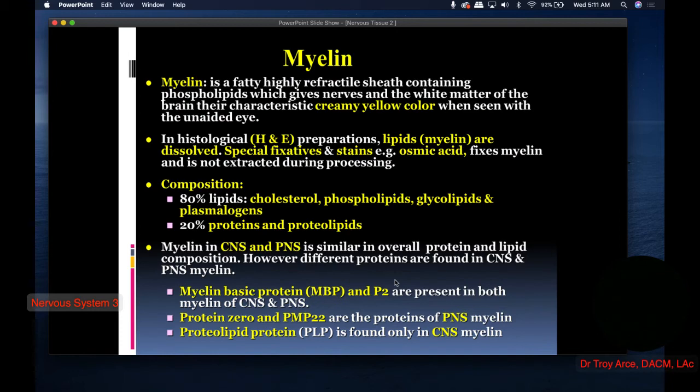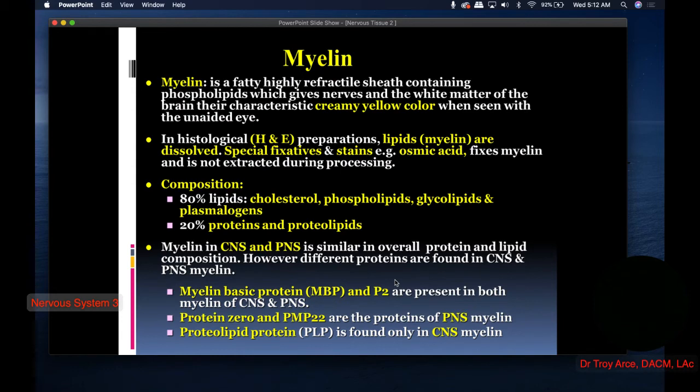Special fixatives and stains, such as osmic acid, fix the myelin so it is not extracted during processing. So the composition is 80% lipids for myelin: cholesterol, phospholipids, glycolipids, and plasmalogens, and 20% proteins and proteolipids.